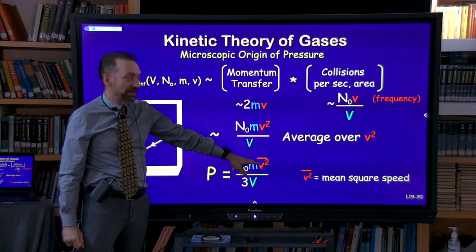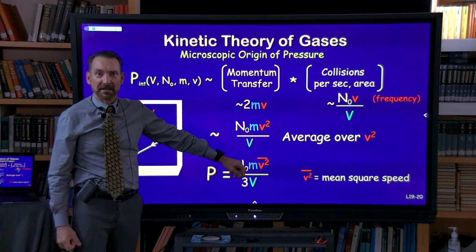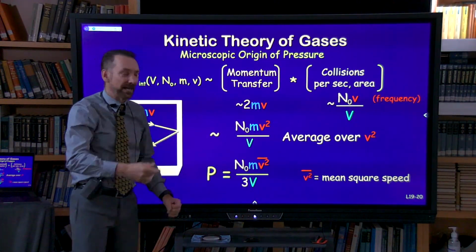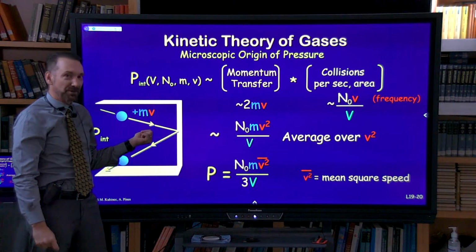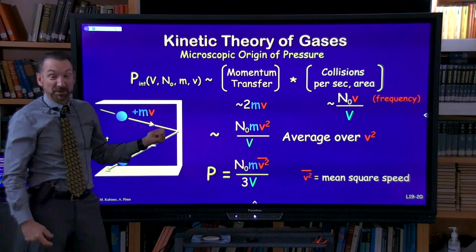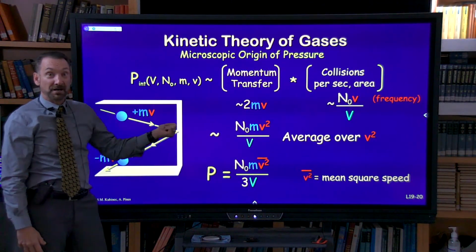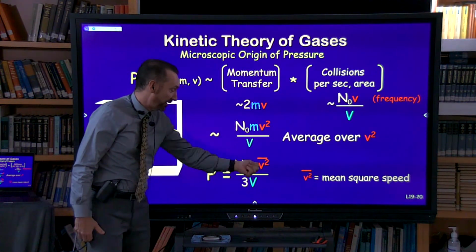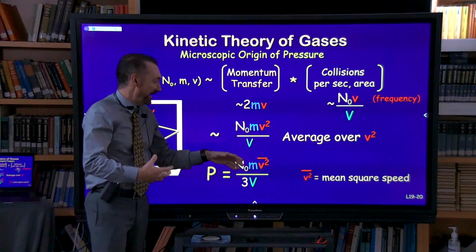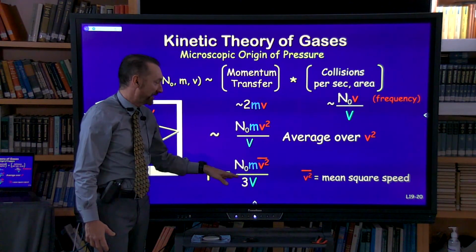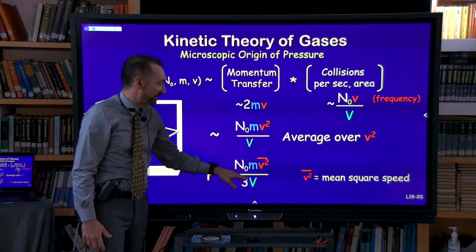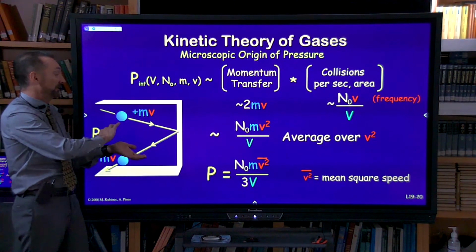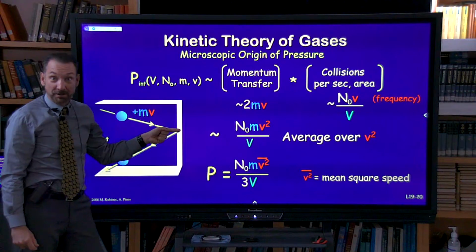And we're actually doing something here like we did in quantum mechanics. Some of the velocities are positive and some of them are negative. And if we were to take all of that, we could say, well, you have 0 net collisions on the wall. We take the square of the velocities there, and then this factor of 3 comes in because we're talking about speeds now, and there are 3 dimensions they can travel, and only a third of them are going at the wall.